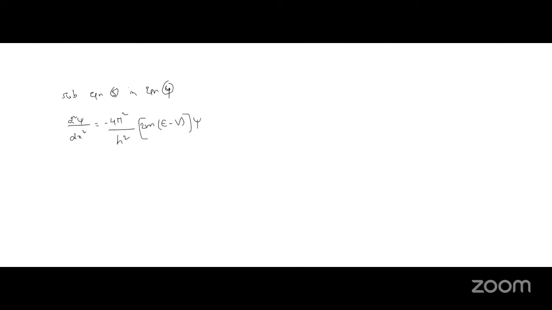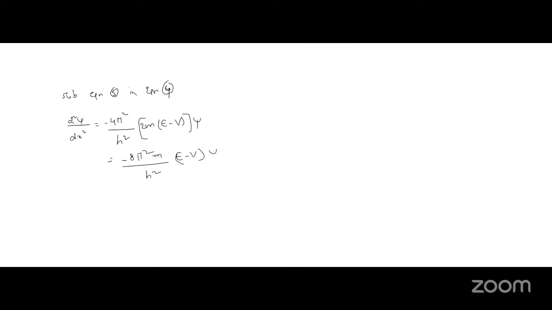Further, multiplying the 2 outside, we get minus 8 pi square m by h square times E minus V of psi.